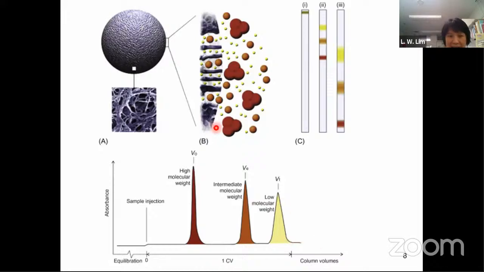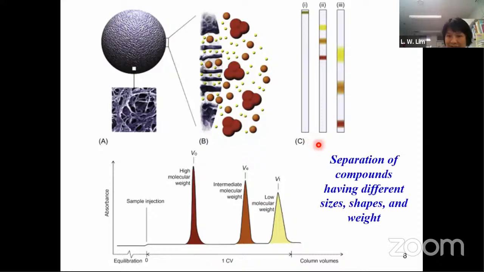It's just like what is happening here. In other words, not only having different sizes, but we can also design the shape, and of course, when the size is different, the weight is also different. Yeah?